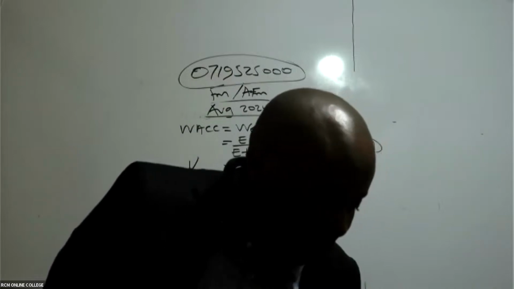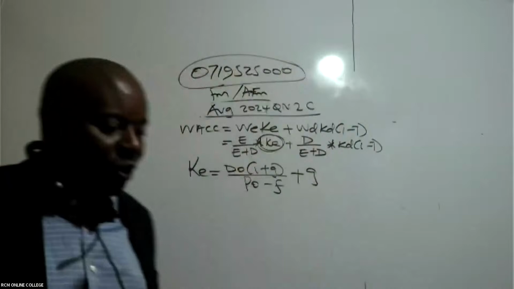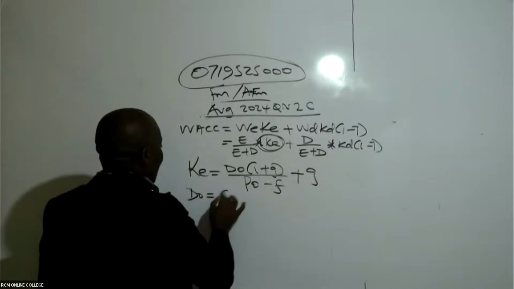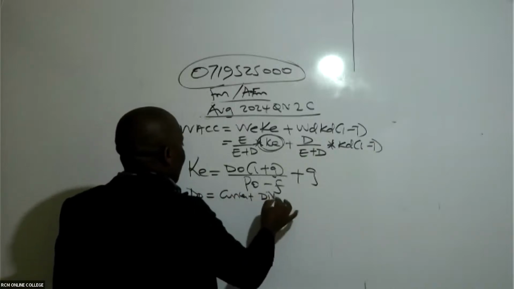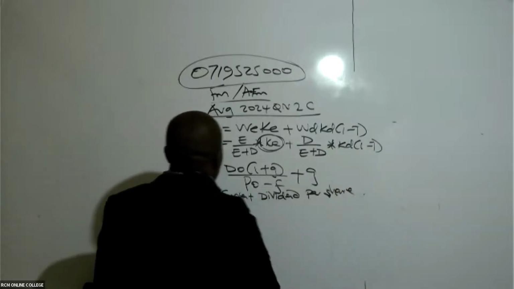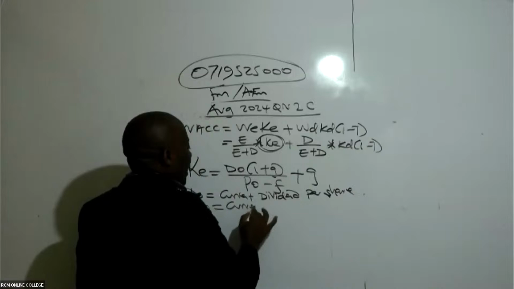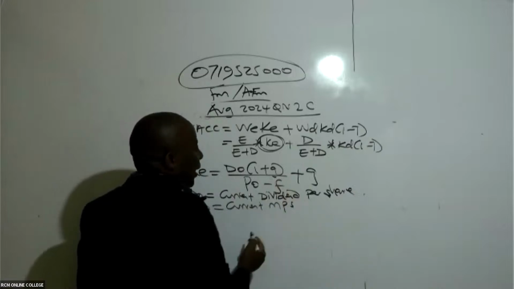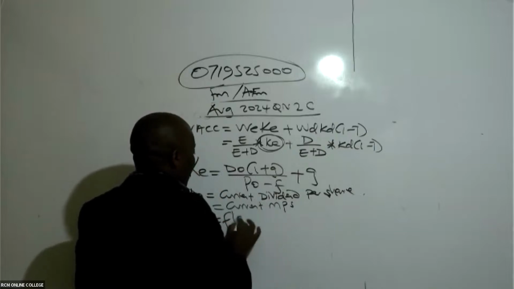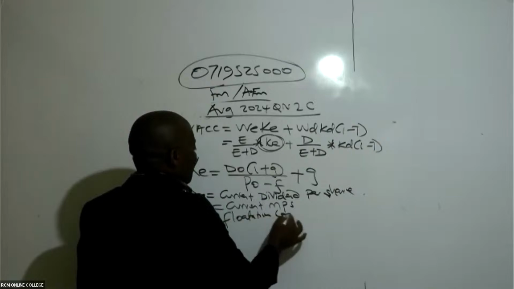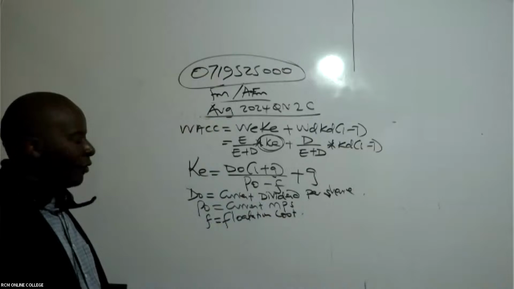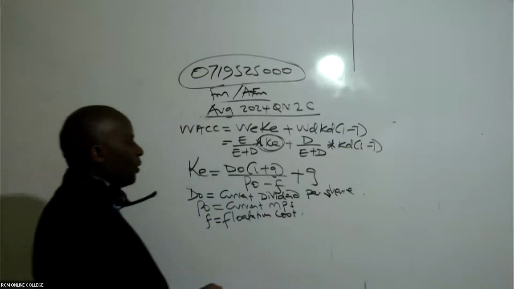P0 is current market price per share. Then we have F, which is flotation cost.